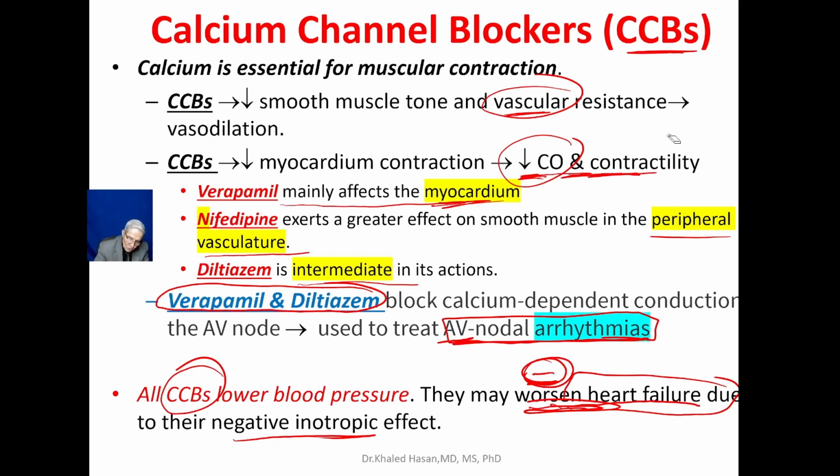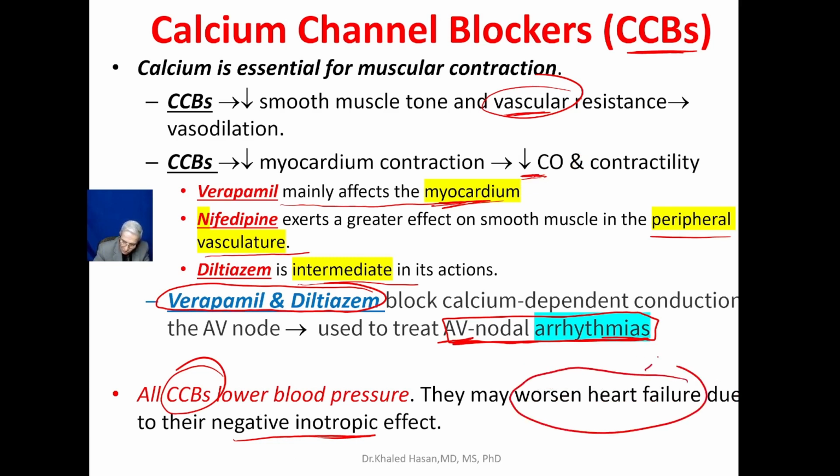So we don't recommend it, because this is the reason. Why does CCB worsen heart failure? Because it decreases contractility and decreases cardiac output.